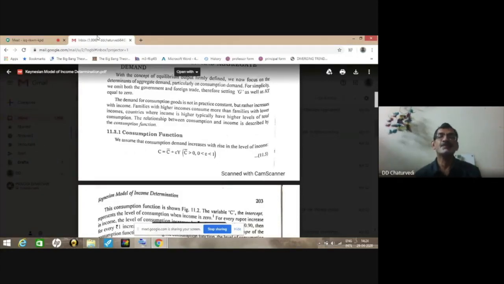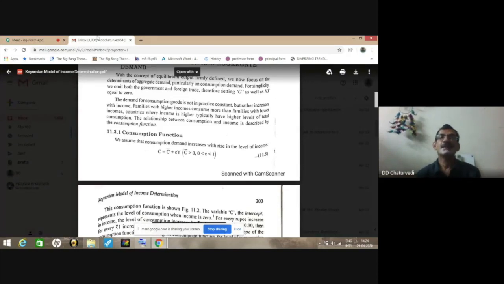That means consumption when the income level is zero. That means even when people do not earn anything, they still consume. That consumption is called autonomous consumption. And beyond this level, people will start consuming more and more depending upon the marginal propensity to consume.